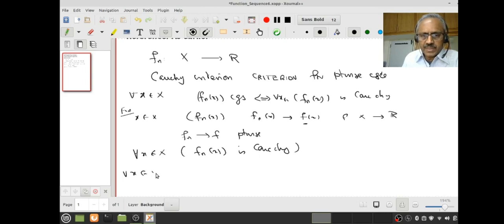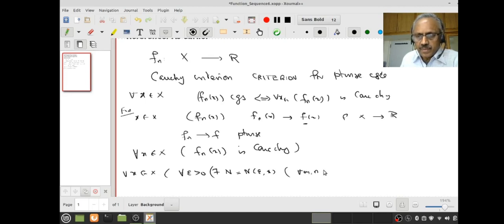For every x in X, you give me any epsilon positive, there is a capital N. This N will depend upon epsilon as well as the number x, because the sequence depends upon x, so that for every m and n greater than or equal to capital N, modulus fn(x) minus fm(x) is less than epsilon.